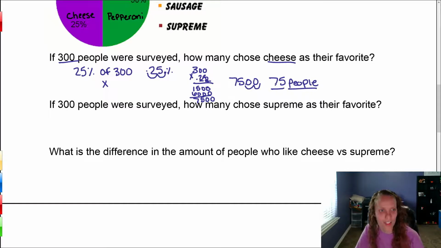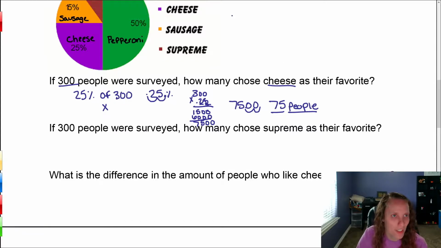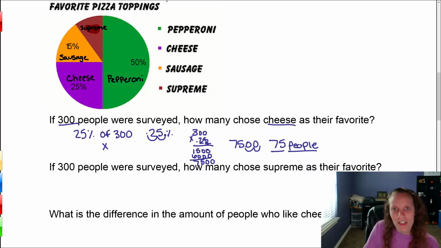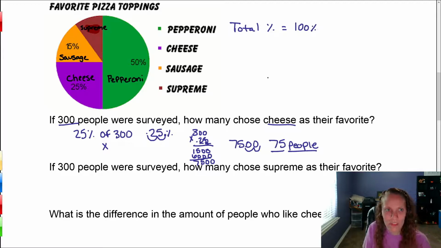The next question says, if 300 people were surveyed, how many chose Supreme as their favorite? So let's look at Supreme. Now, I do not see a percentage for the Supreme, so we're going to have to figure that out. Something we're supposed to know is that the total percent is equal to 100%. And so all of these have to add up to 100.